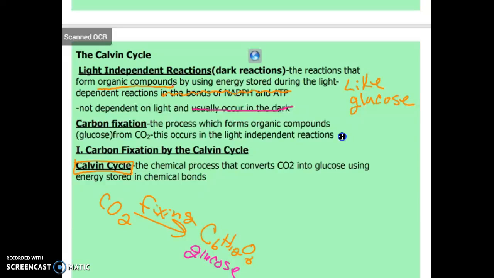It's a carbon, hydrogen, oxygen compound. So that's where the carbon from carbon dioxide ends up. And we call that carbon fixation. And again, the Calvin cycle is a chemical process that converts CO2 into glucose by using energy stored in those chemical bonds.